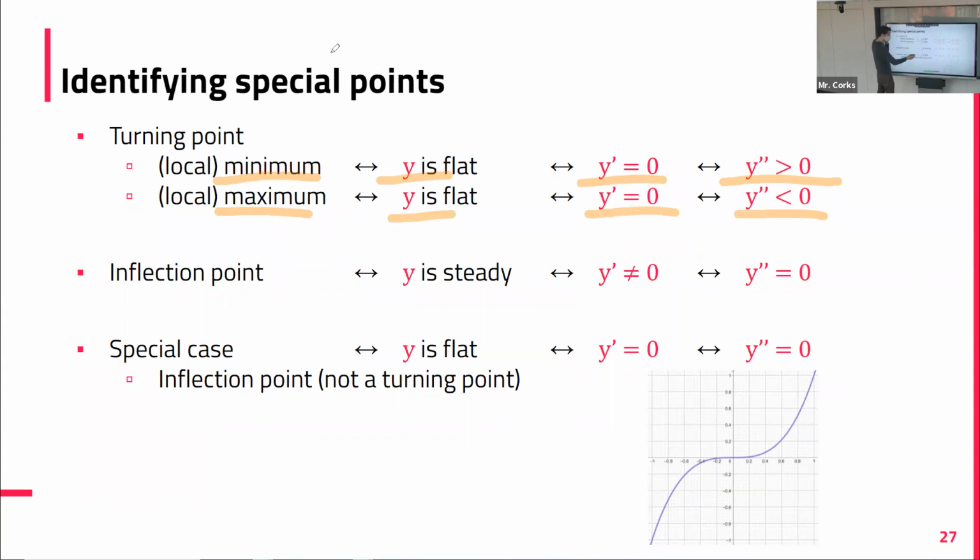Inflection points: our original function is still increasing or still decreasing at that point. It could be either one. First derivative is not 0, second derivative is 0. And then this weird special case, function is flat and both derivatives are exactly 0. That's the summary of the points that we should be able to identify and what we use to identify them.